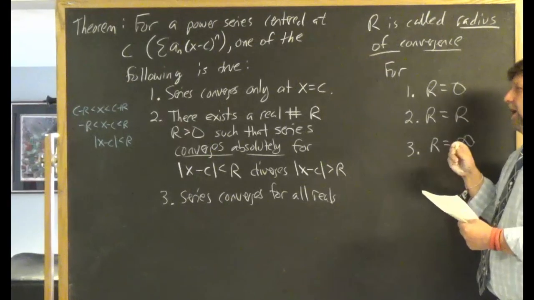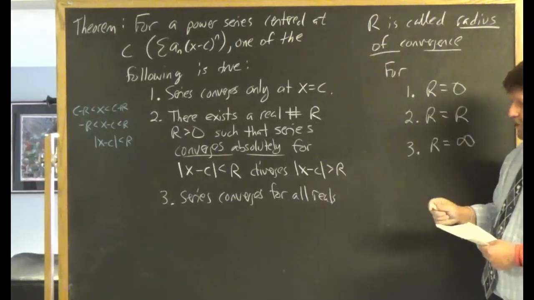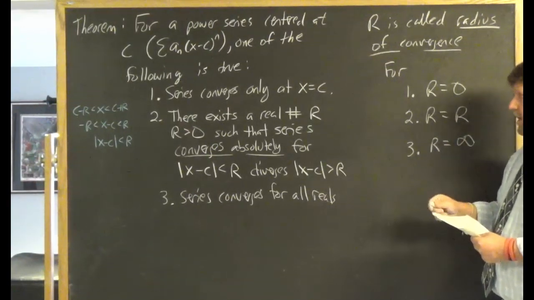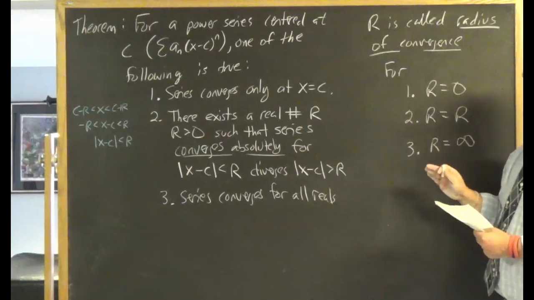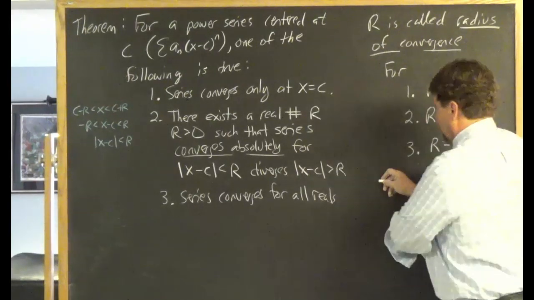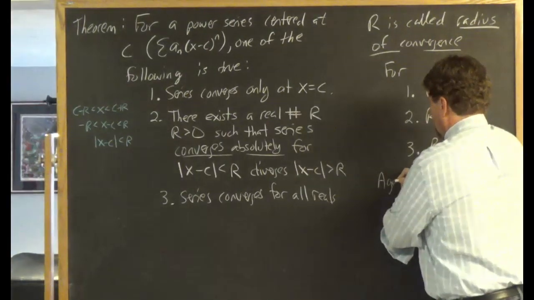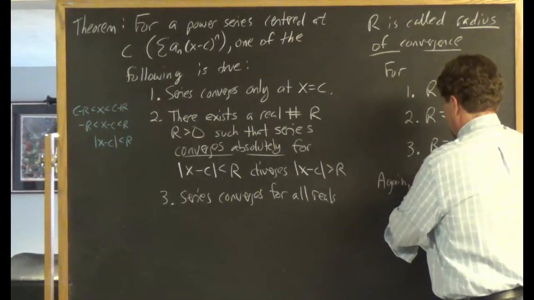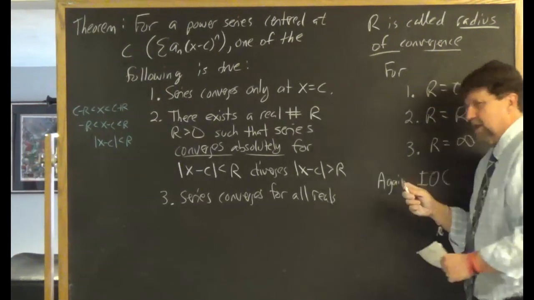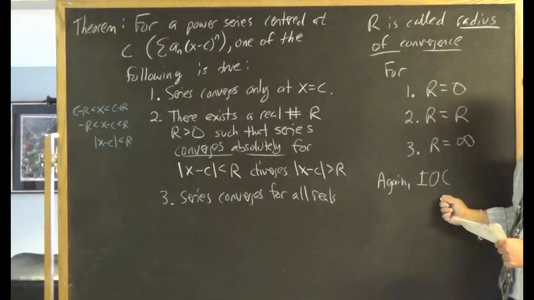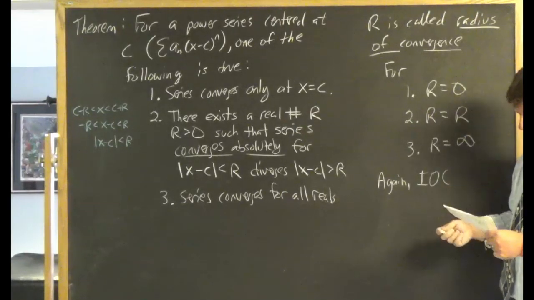So I have to add one more thing here. This is kind of like the end of the theorem, but I'm going to add one more thing. Again, we're going to be interested in finding the interval of convergence, the domain of the function.